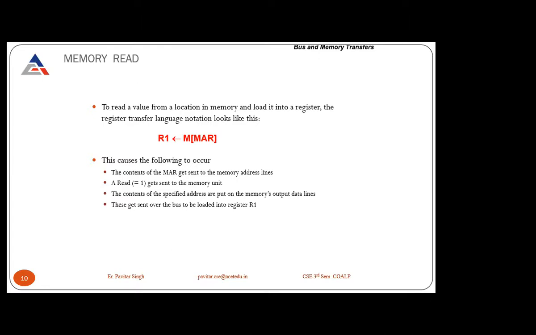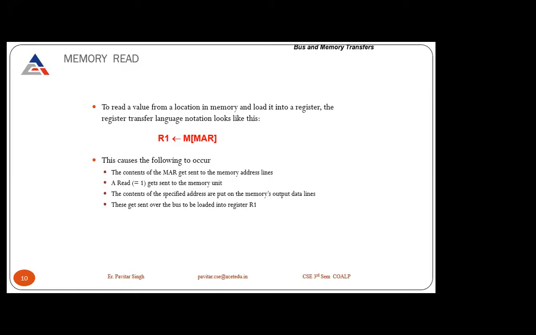First of all, you should know the location from where to read the data in the memory. Once you get the memory location in AR, the read signal will be activated. The value of read equals 1, and the contents of M[AR] will be transferred to R1. This is called read micro-operation, memory read operation.